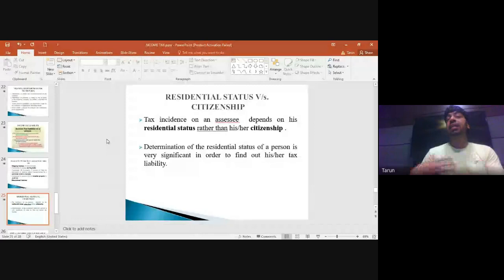So let's take the most important chapter, from which one of the questions, practical or theory, will definitely be asked in your final examination.